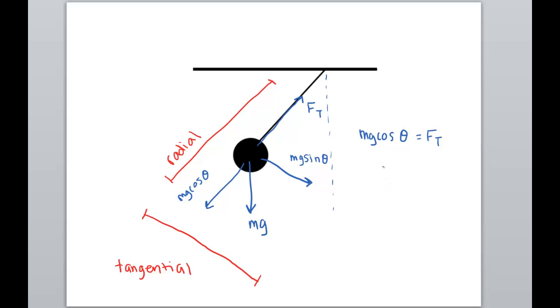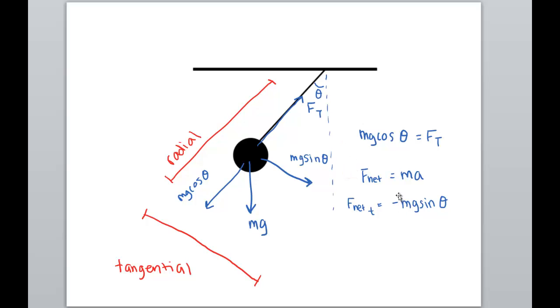And if we use Newton's second law of motion, F net is equal to ma, but for the tangential component, we get F net tangential is equal to negative mg sin theta. And we use sine theta and cos theta because this angle here is theta.